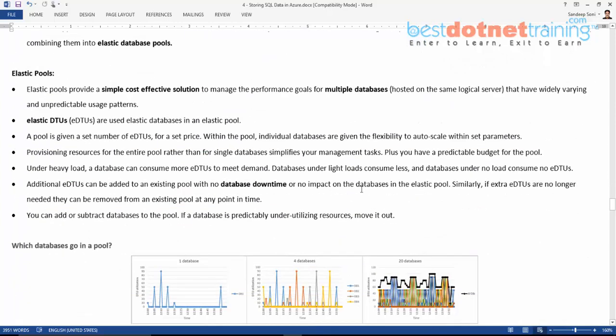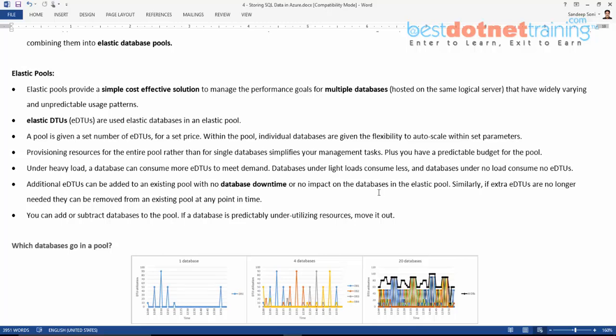But what is this elastic pool and how important is it? Especially, this elastic pool is going to be useful when I am going to have multiple databases hosted in Azure and all in the same logical server. What I'm going to do is all these databases, I'm going to make them a part of the same pool.